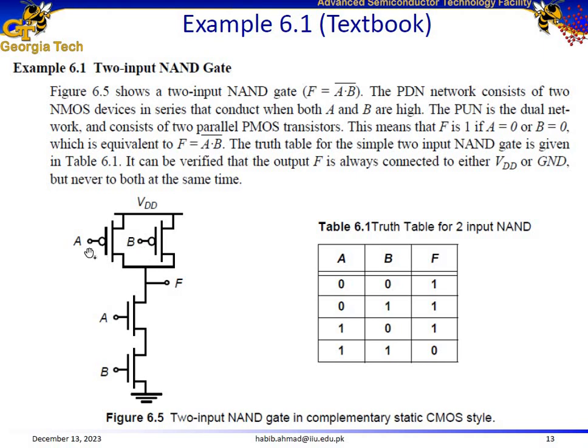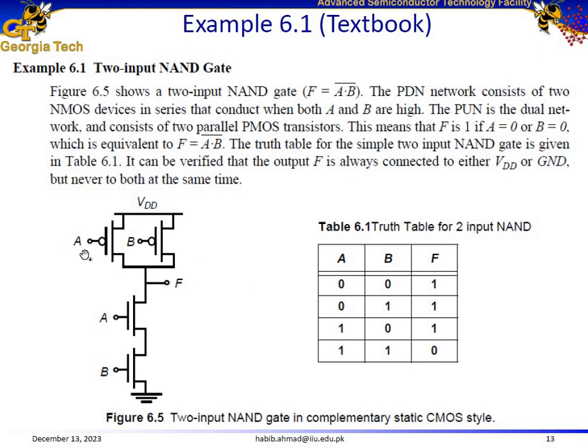On the other hand, if either input A or B or both the inputs are low, we actually make a conducting path from the output to the supply voltage, and the output would be 1. For example, if input A is low and input B is low, both of them are conducting, we have a path from the output to the supply voltage.